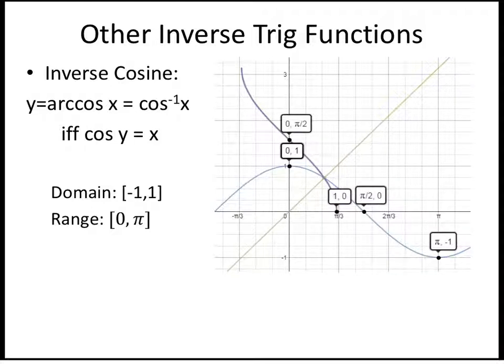So if we look at it, that is just this portion of my cosine graph. And that's the only portion that I can reflect over the line y equals x and still get a resulting function.